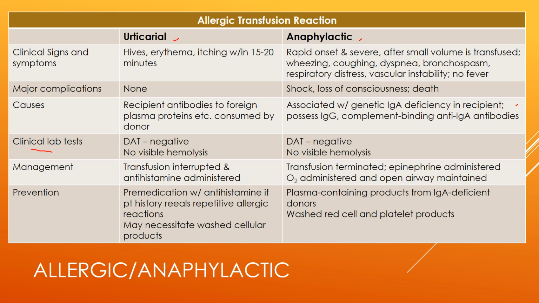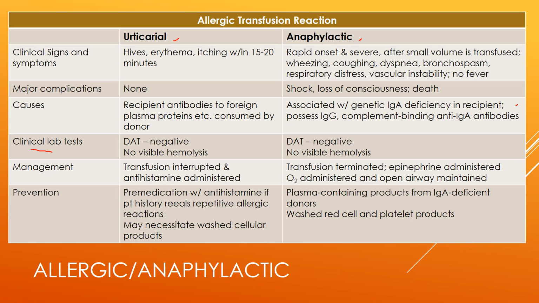So it's usually their second transfusion. They have an anti-IgA, that's an IgG. Okay, so it's an IgG directed against IgA. A little complicated, too many words there. What happens is it does result in an anaphylactic response. The IgG is pretty good, and this particular one can actually bind complement. It's kind of just a mess, okay? Again, this would be something in a patient's history if we know about it.